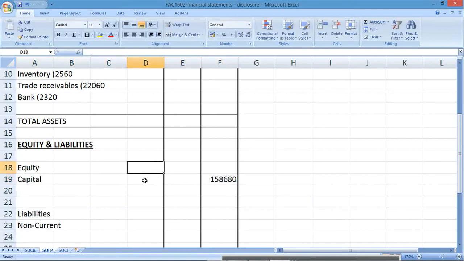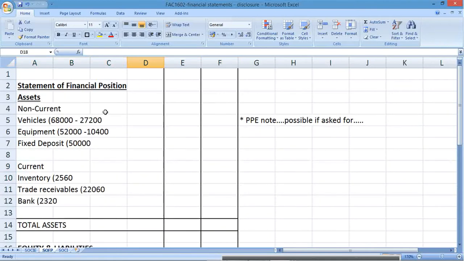Right, and that's it. All we need to do is neaten up this. So vehicles, do you agree this is going to have to be calculated? Yeah. Right, so I'll have a figure there. I'll have a figure here. And 50,000 over there.